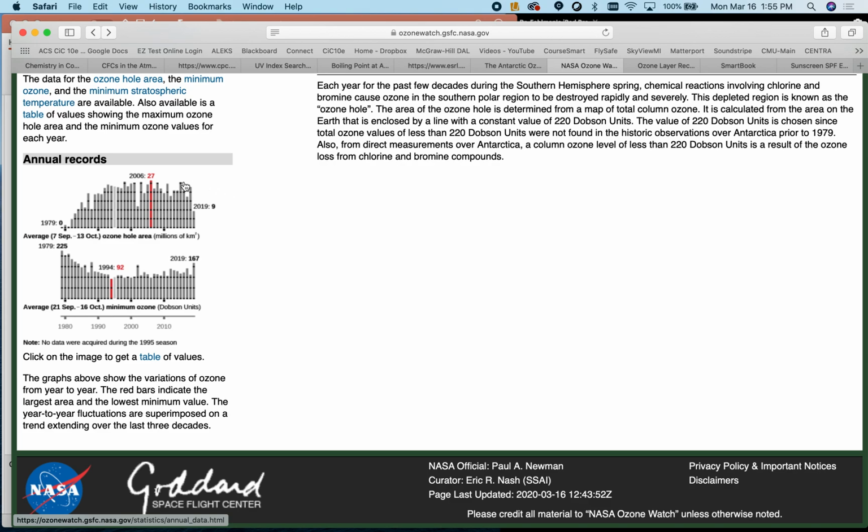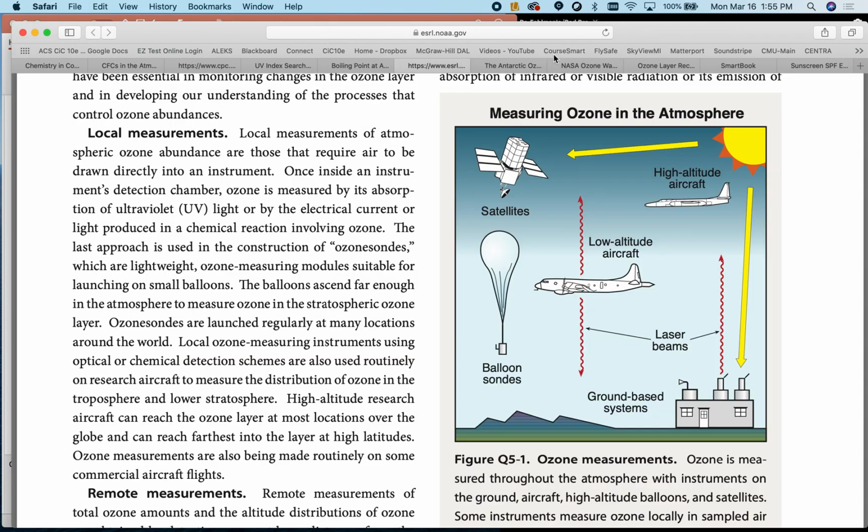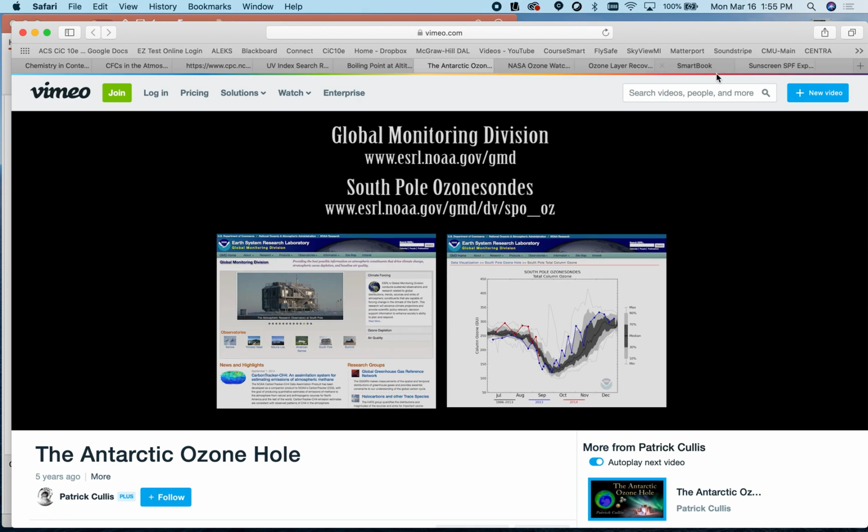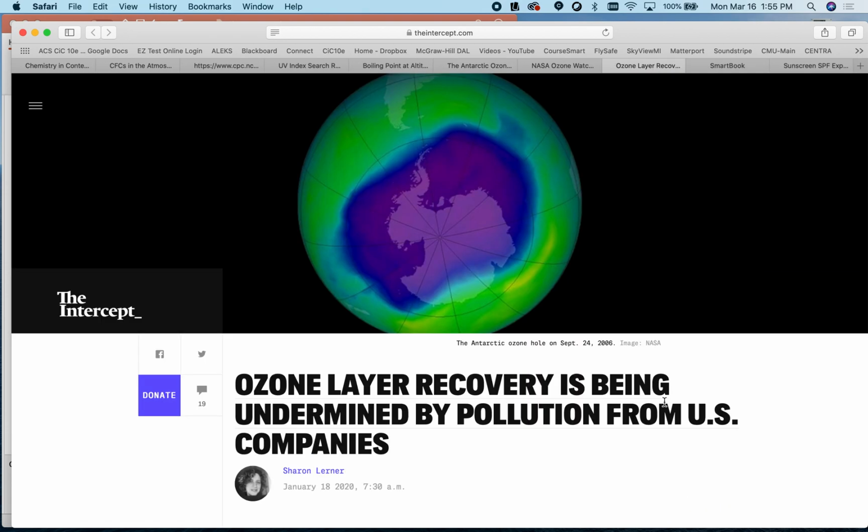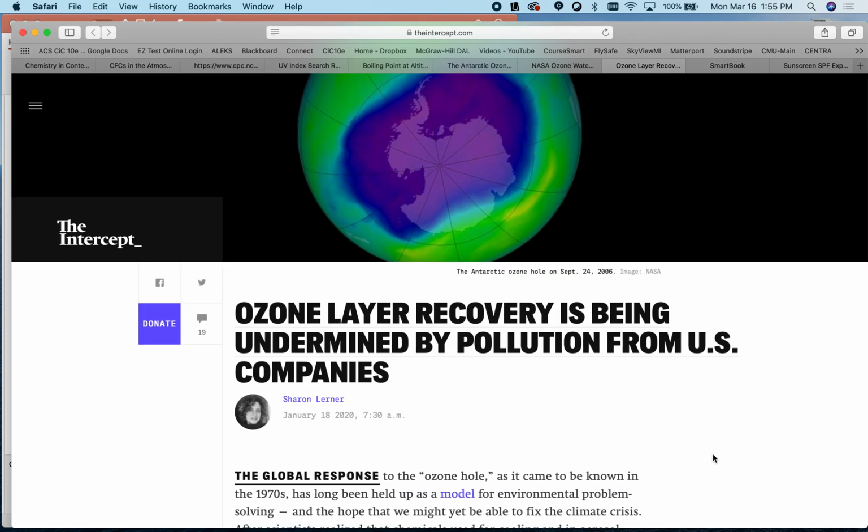A lot of studies have been devoted to why it is really not improving. We don't have any CFCs being produced anymore, so what else could it be? There were some papers published that found that we are still producing some chemicals that deplete ozone, and they were not included in the Montreal Protocol.